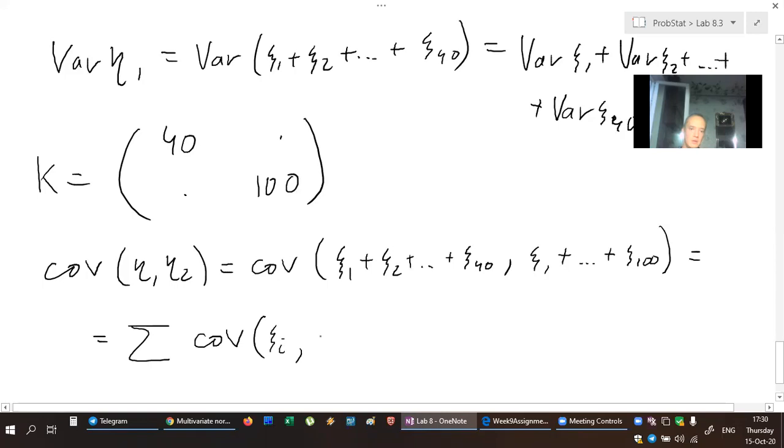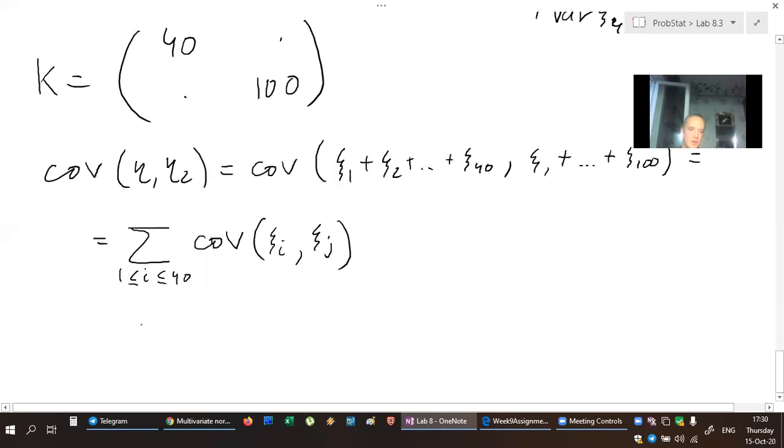If we use this property, then we have a sum of such covariances where i changes from 1 to 40 and j changes from 1 to 100. If i is not equal to j, then covariance is equal to what?